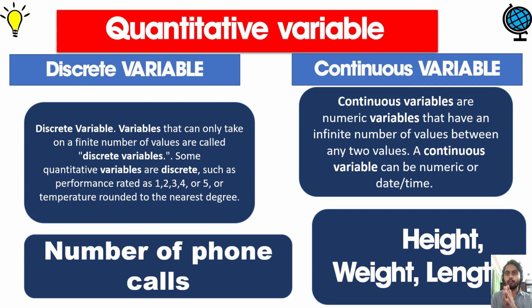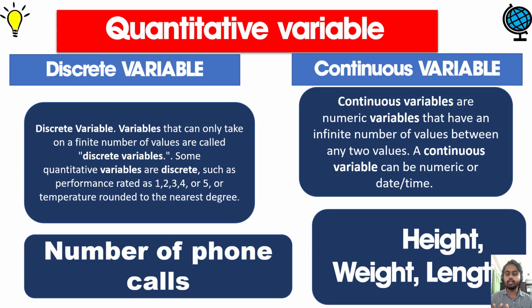This is a very important point to differentiate these 2 variables. Between 5 and 6, can you take 5.5? If you can, then this is continuous. If you cannot, then this is a discrete variable. For example, height, weight, length. You can take any values between any 2 values.